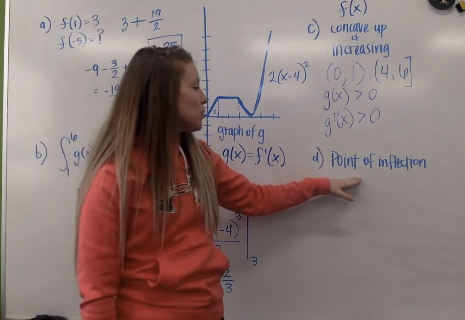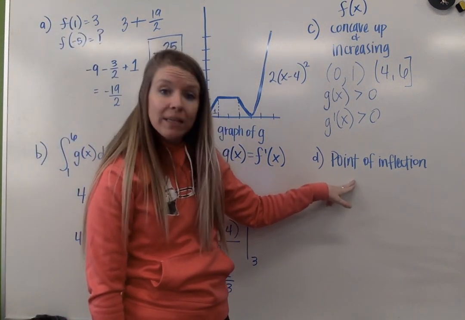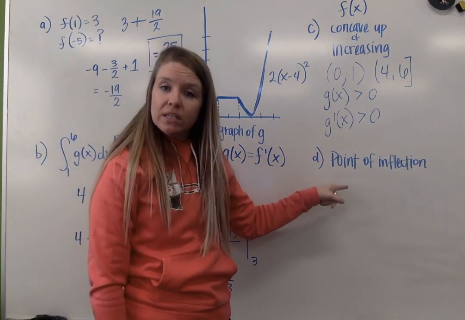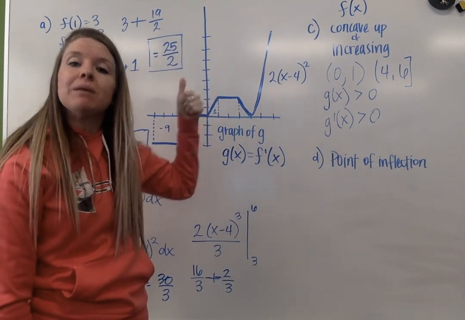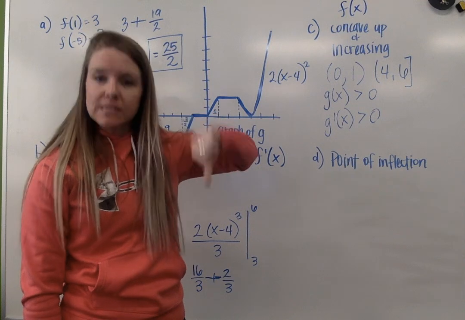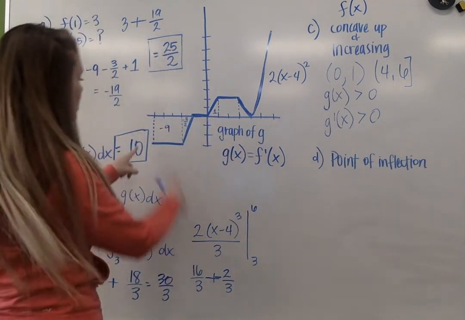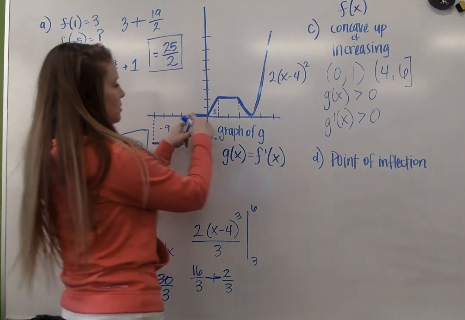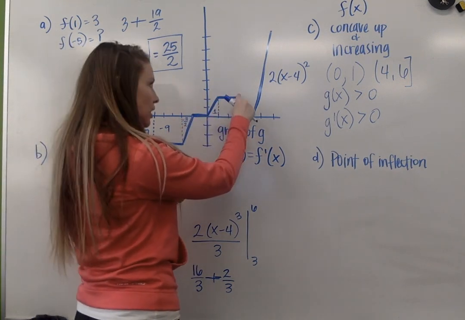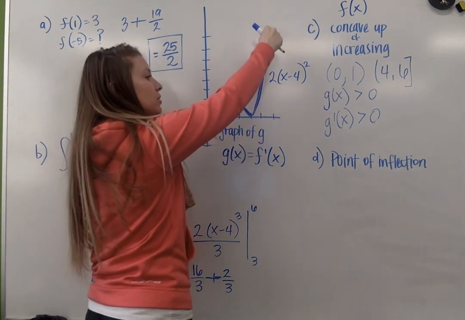Okay, and our last one, D, where is the point of inflection? A point of inflection is where we see a derivative change from increase to decrease or decrease to increase. So: constant, increase, constant, increase, constant, decrease, increase.